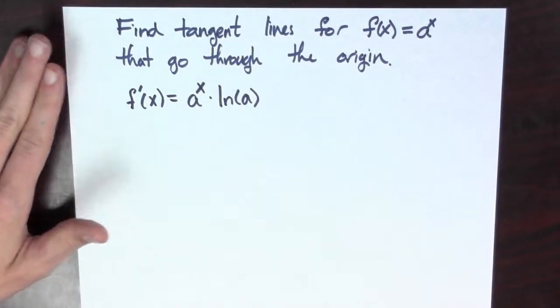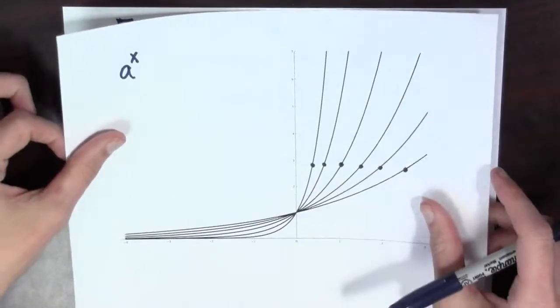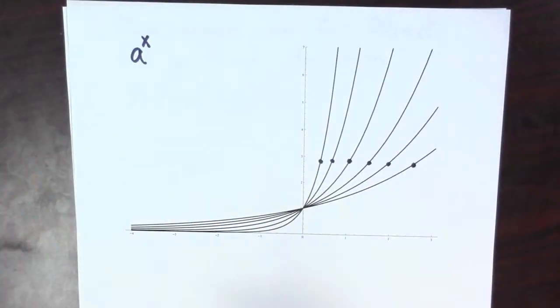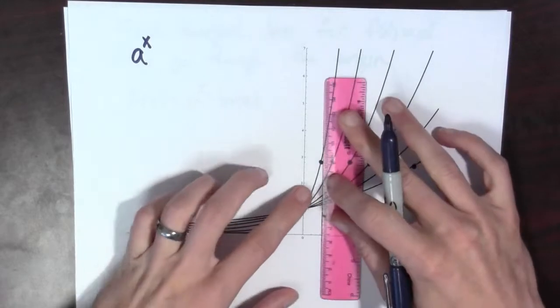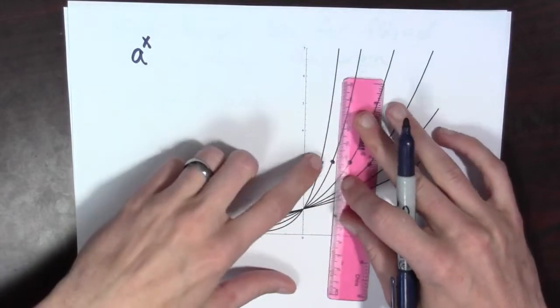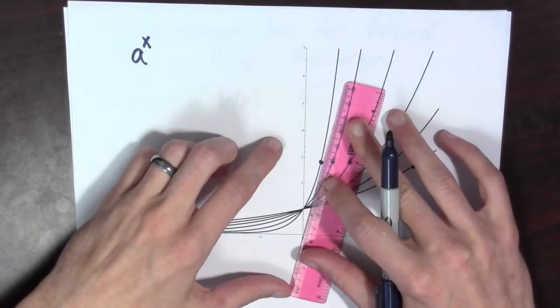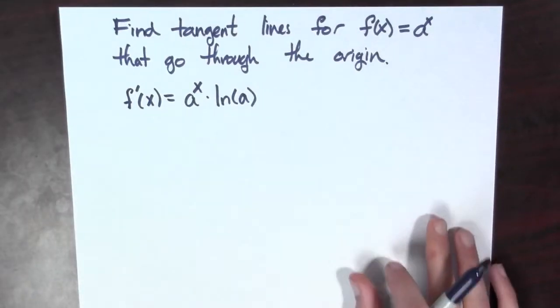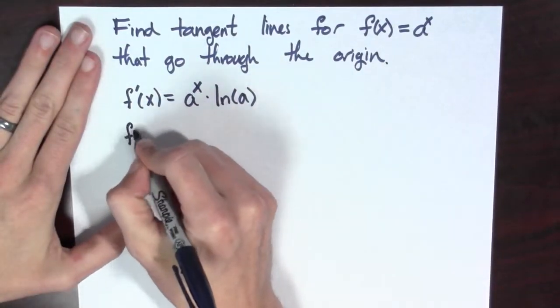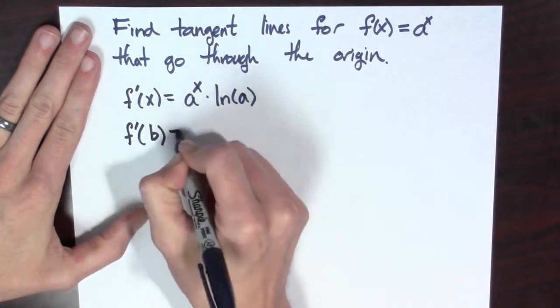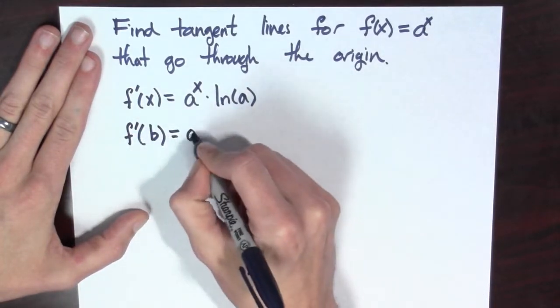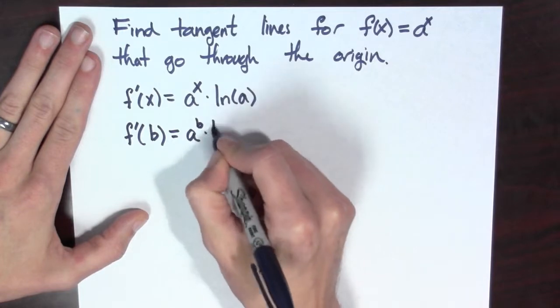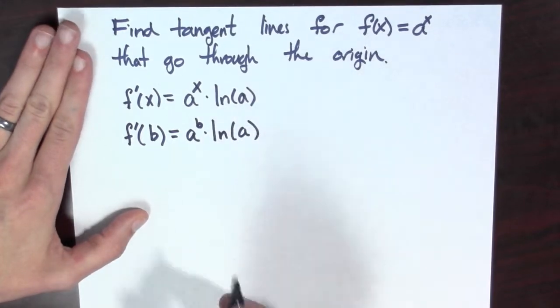Of course, if we look at our plot, we're finding the tangent line at some unknown x-coordinate each time. So we're going to be looking at f prime of b, where b is just some unknown constant. This is a to the b times natural log of a.